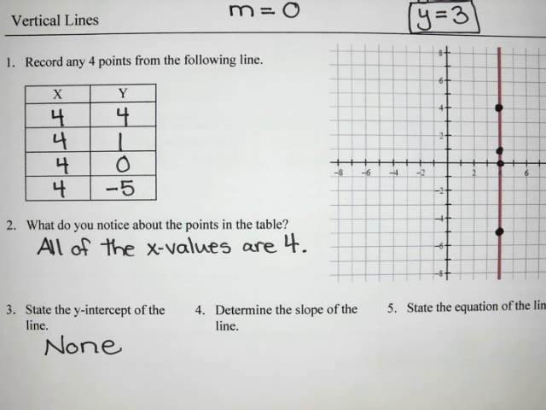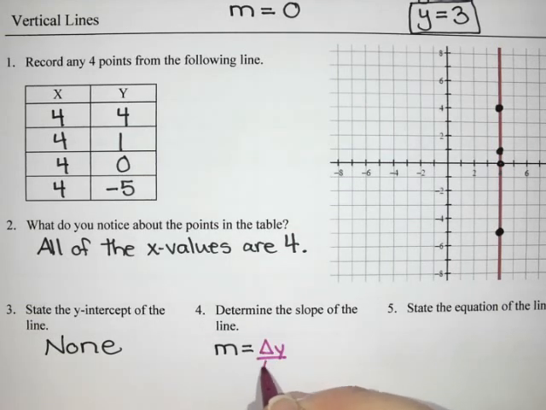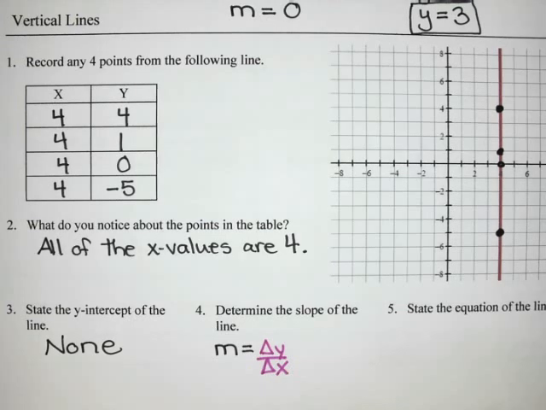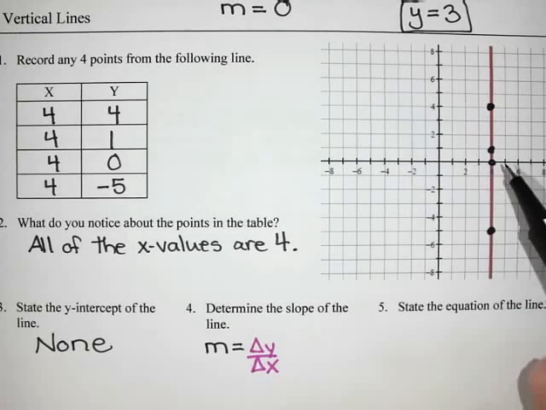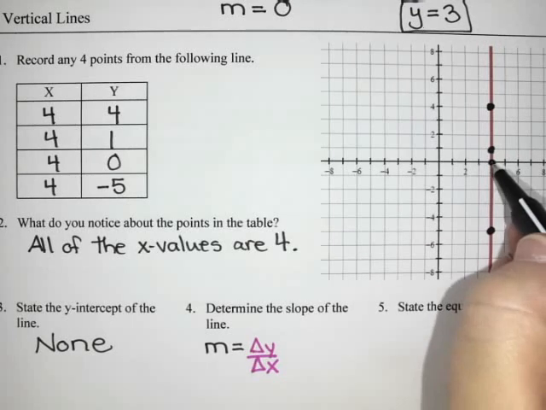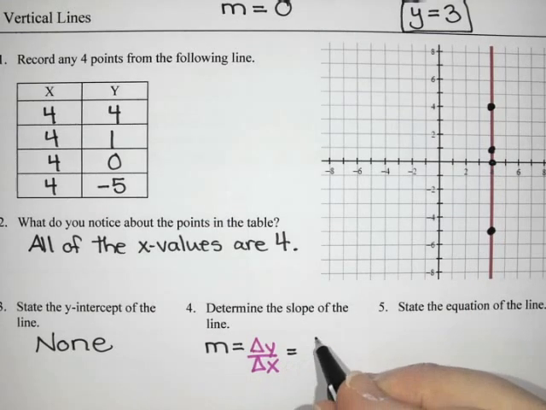Okay, what about slope? So slope is rise over run, or delta y over delta x, or the change in y over the change in x. I don't have a y-intercept to start at, so I think I might start at the x-intercept just because I need to start somewhere. I notice that the line is going up 1, so my y value part should be 1.